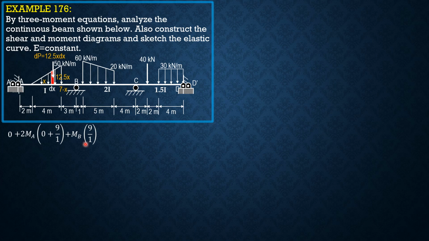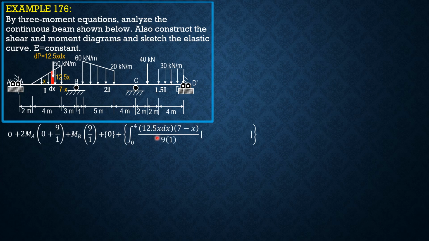Then the value of 6A1A over I1L1 for span A prime A is 0, there's no load, while the value of 6 area 2B over I2L2 for span AB is the integral of 12.5x dx, B is 7 minus x over L, 9, then moment of inertia 1, quantity 9 square minus 7 minus x quantity square, from 0 to 4, the variation of x 0 to 4.